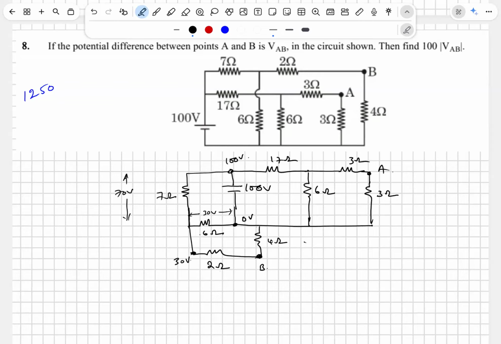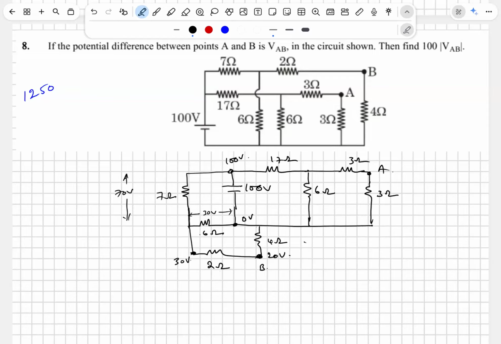Obviously, here the drop is 20 volts. Correct? B is 20 volts. Any doubt? Any doubts? Right. B is 20 volts.